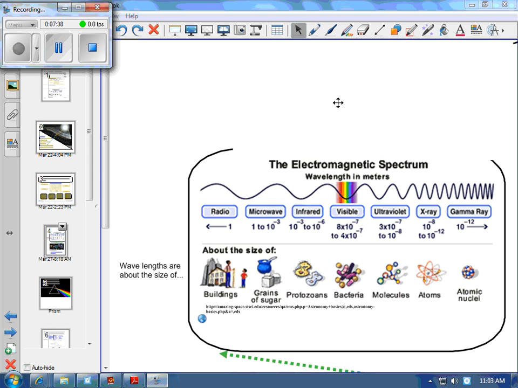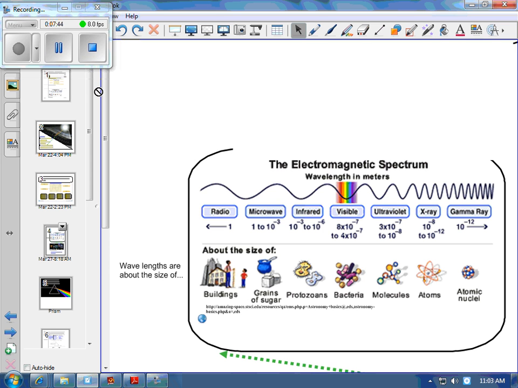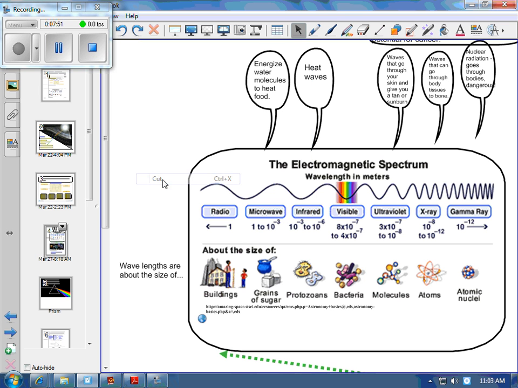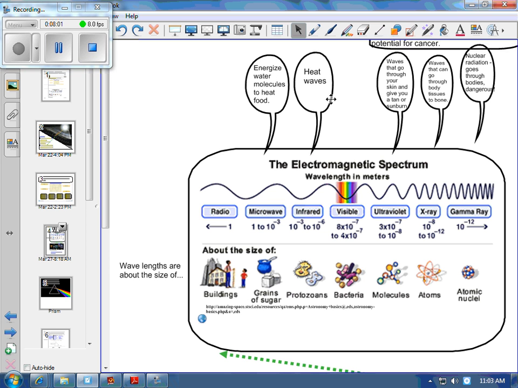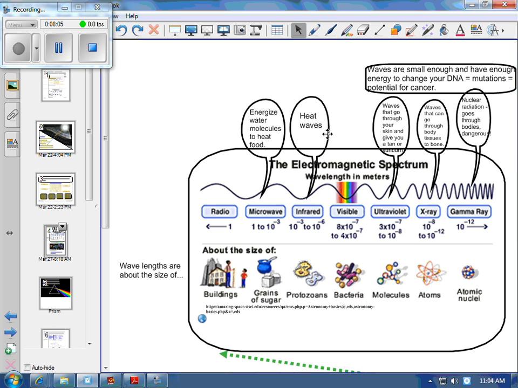Now what I'm going to do is have you write in some descriptions of these waves up above. I'm going to get rid of my white space here. The magic of the whiteboard.